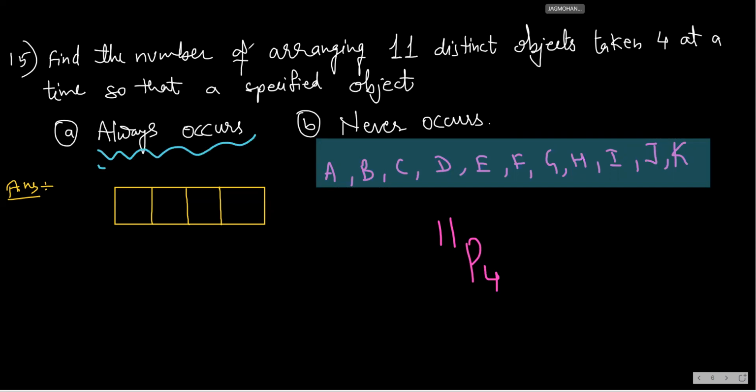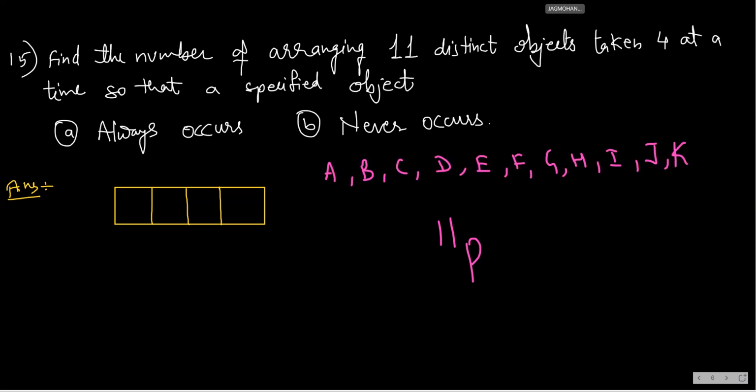It means there is one such object which will always be there in the arrangement of 4. Suppose you select any 4, that particular object is always there.